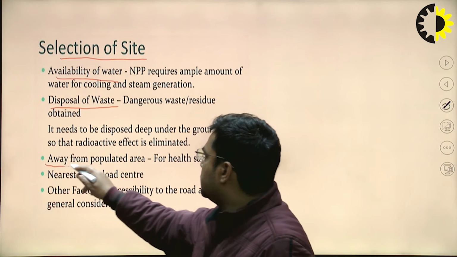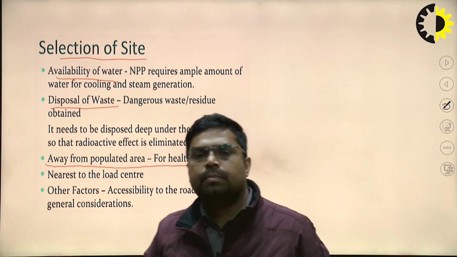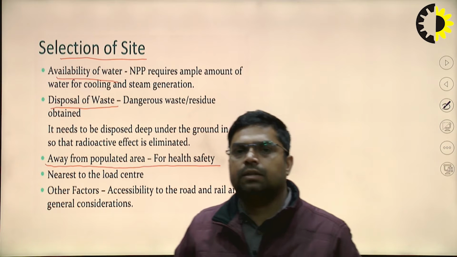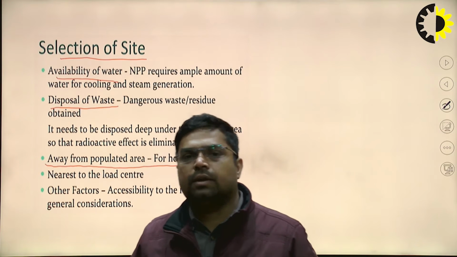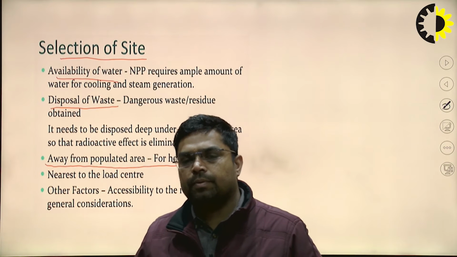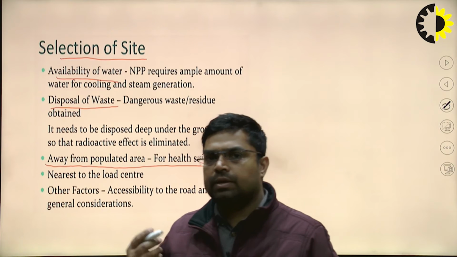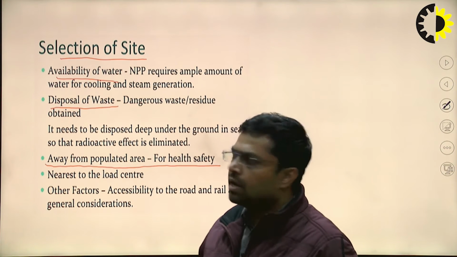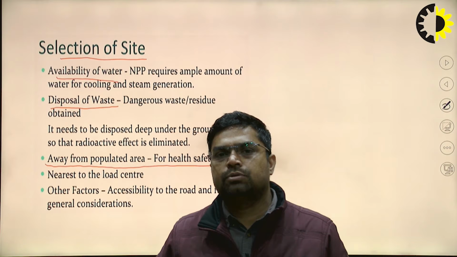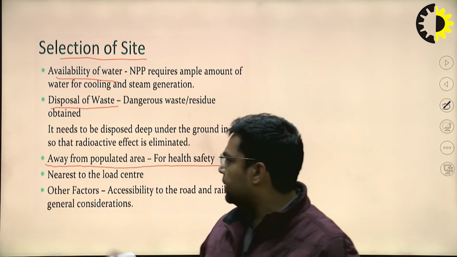Another one is that it should be away from the populated area. As I said earlier, nuclear plants can generate very dangerous radiation to the environment, and various accidents have already happened. So any nuclear power plant should be far away from the populated area.